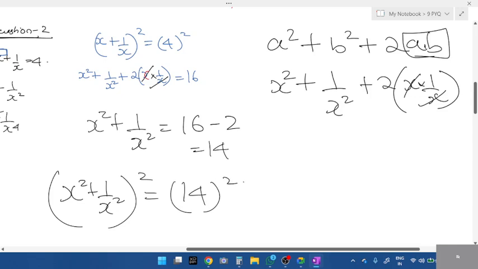This is correct. Just strike that out, students. Strike it out and complete. Try this. a square plus.